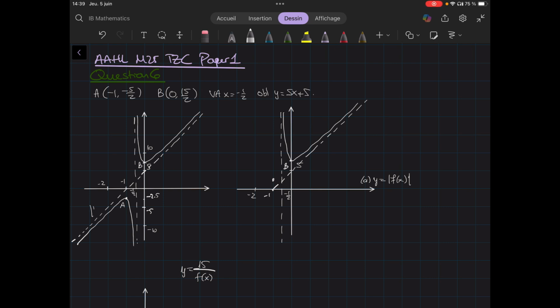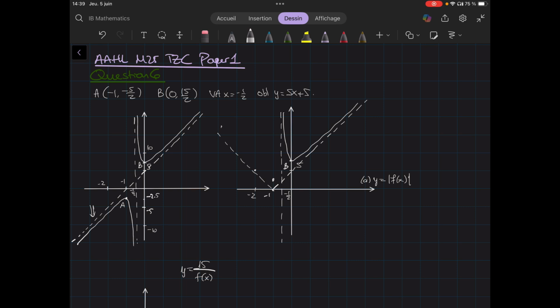The part of the slant asymptote that was below the x-axis is also reflected. This is the trickiest part of the question because a lot of students would have omitted this asymptote over here. And from here you have all the information required to finish the sketch.